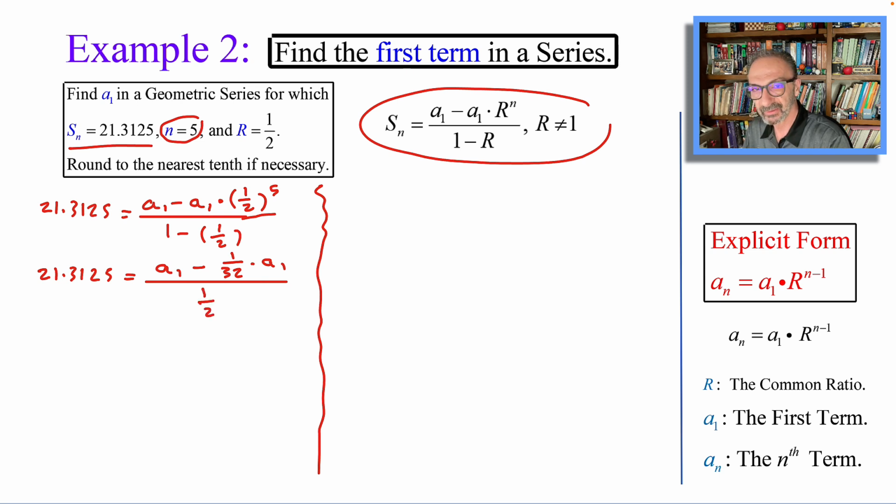Now, on the top part, I need to combine or subtract these two terms. So I need a common denominator. This right here is like 1 a sub 1. But I could think about 1 as 32 over 32.